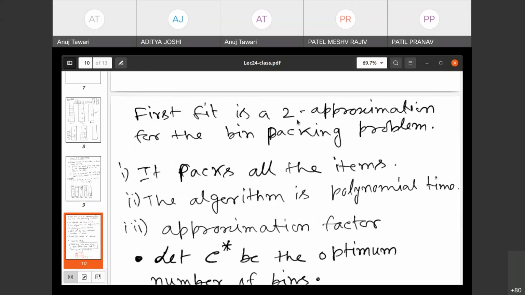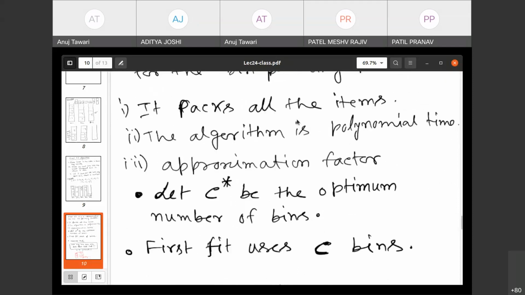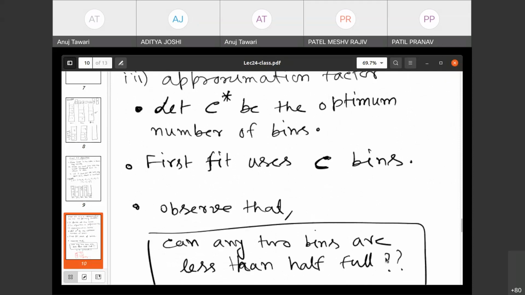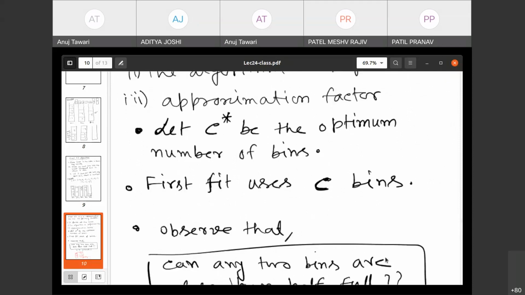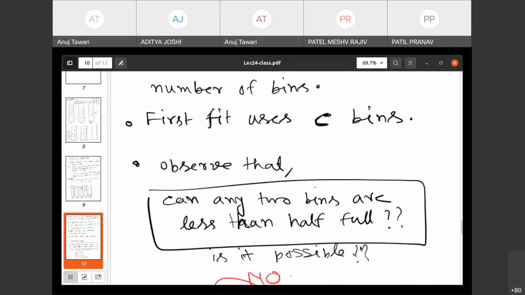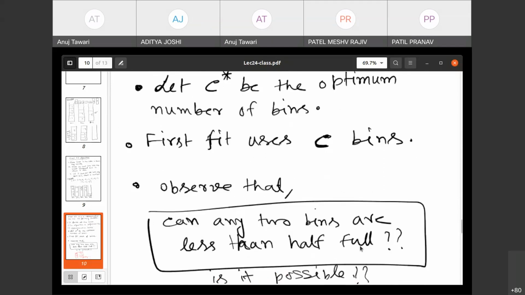Okay. So let C star be the optimum number of bins. We will say that our first fit algorithm will use C bins. Now the first observation here is, for the first fit algorithm, is it possible that any 2 bins are less than half full? So can it have that 2 bins have less than half capacity?